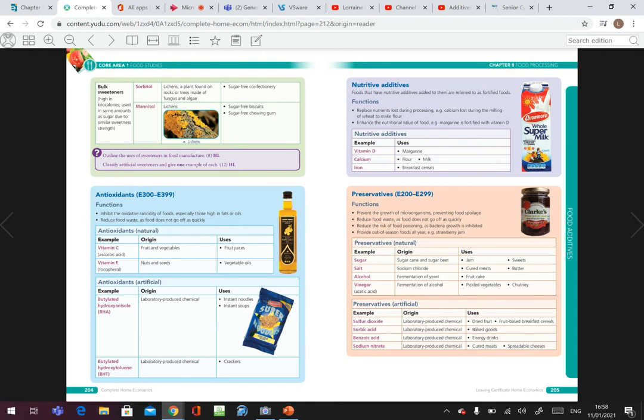Margarine, for instance, is fortified with vitamin D. It's just a bit more nutritious. The chocolatey Wheatos don't seem as bad because they have iron, B12, vitamin D added. So an example would be vitamin D used in margarine, and calcium added into flour and milk, especially the super milk there.